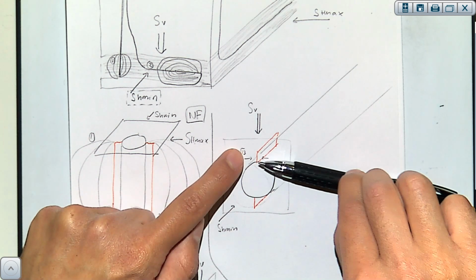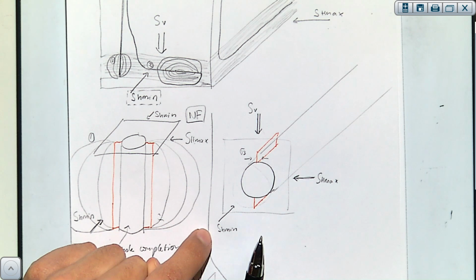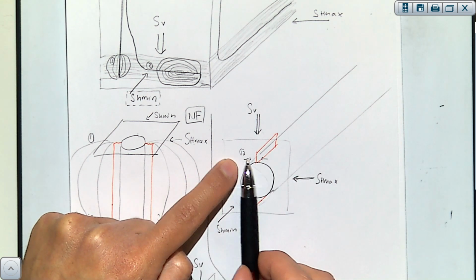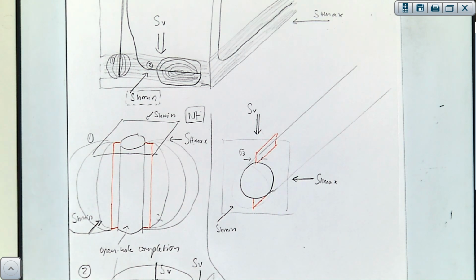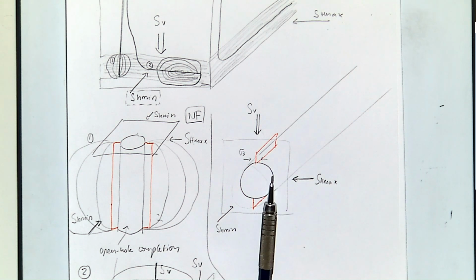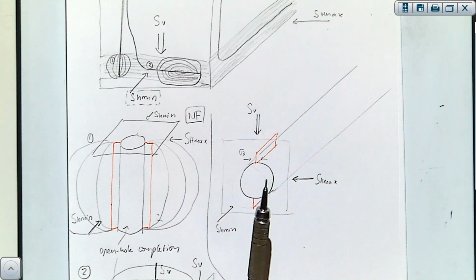So one goes north-south, the other one goes east-west, the other one goes north-south. So what do you think will happen to this tensile fracture as it continues growing?